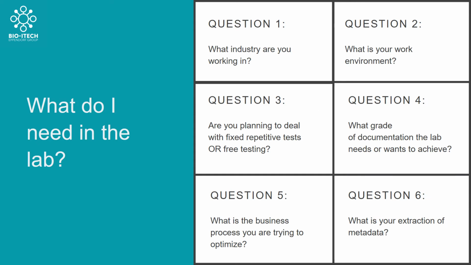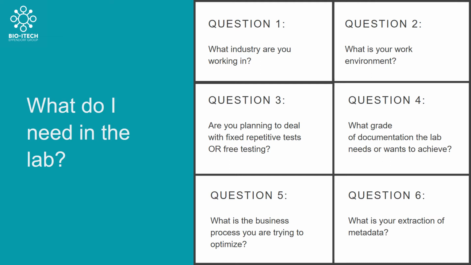Which type of information management system do you think that you would need, and how would you be able to choose between the two? In order to do this, you need to ask yourselves the following questions. What industry do we work in? For example, an ELN may be more suitable for drug discovery or early stage development testing.